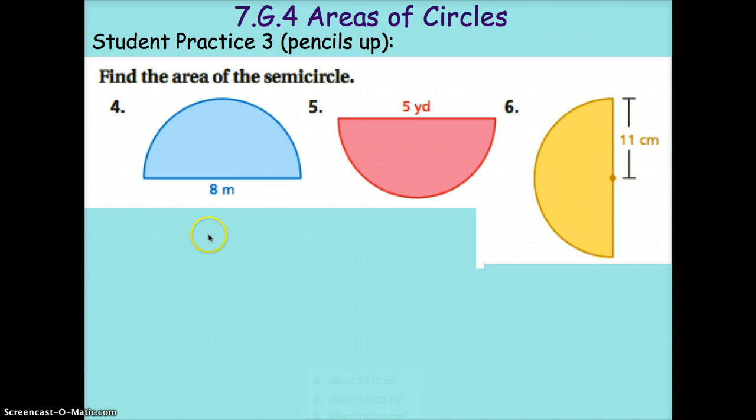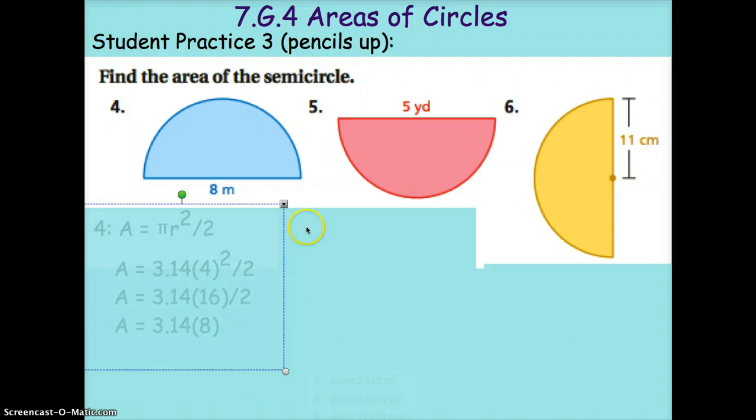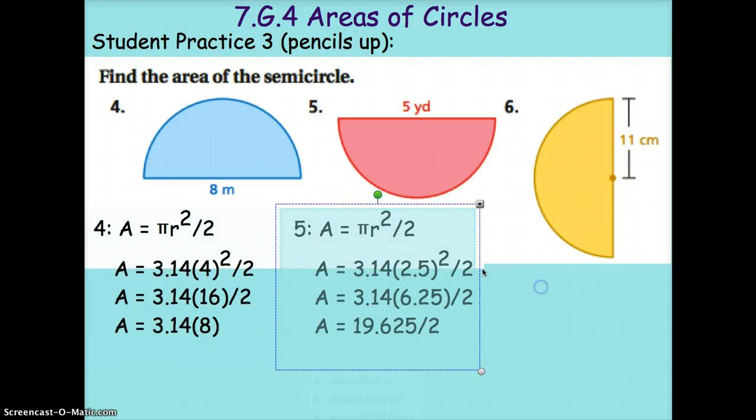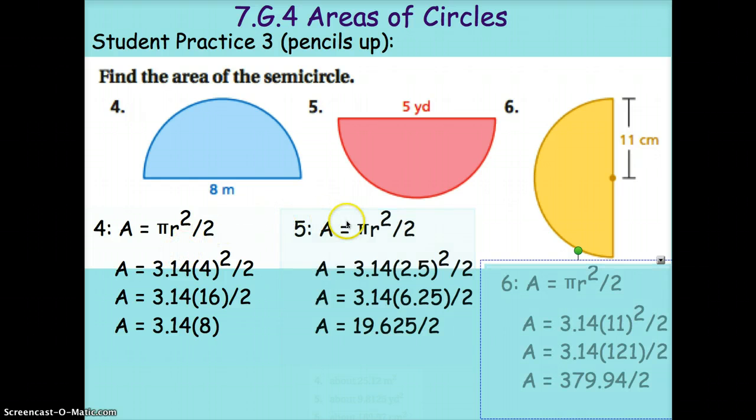Okay, let's take a look and see how you did with the setup first. Notice I have them set up here for you. Watch out on both 4 and 5. Hopefully you caught that you did need to cut the diameter in half first. So you cut the diameter in half for each of those to find the radius. You will notice on number 4, I went ahead and did that division first, and it still does come out with the same answer.